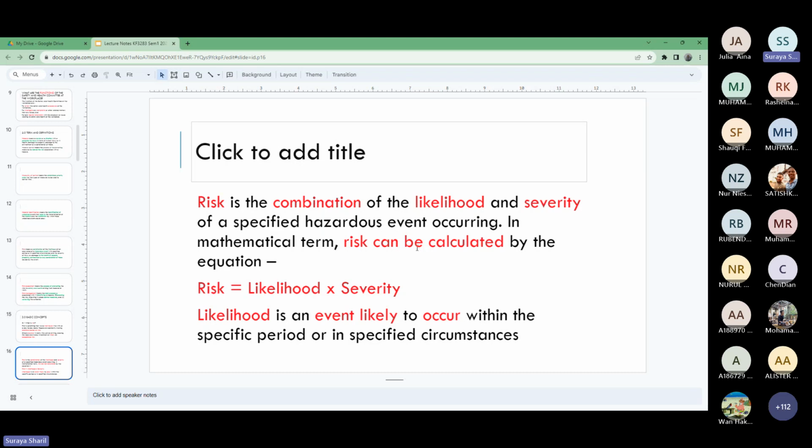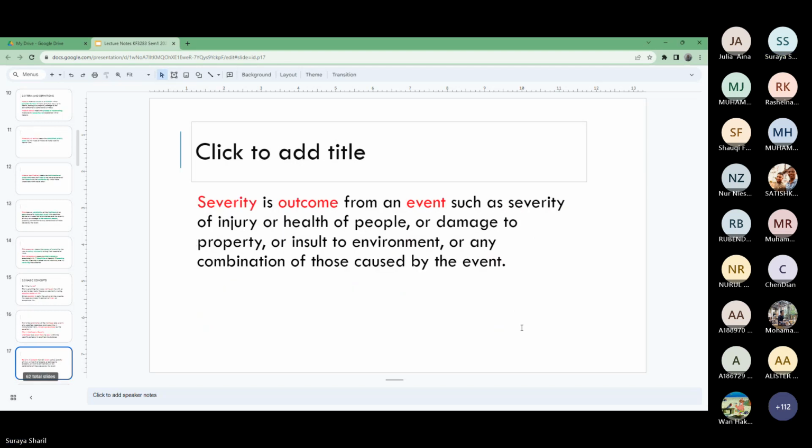So risk can be calculated by this equation. So risk is equal to likelihood multiplied by severity. So what is likelihood? Is an event likely to occur, and severity is the outcome of an event.